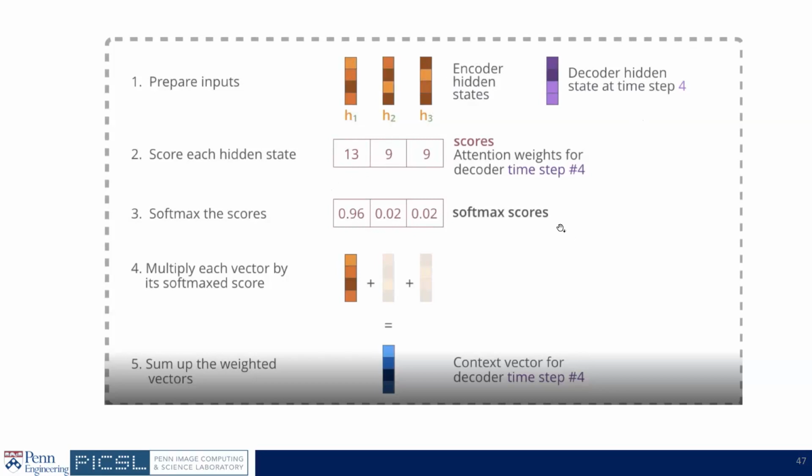Then I do a softmax operation, and it basically gives me how much I want to attend to H1 versus H2 versus H3. So I have a mechanism to decide how much attention to give these 3 hidden vectors, and then I take a weighted combination of them and give the final output at the decoder time step.